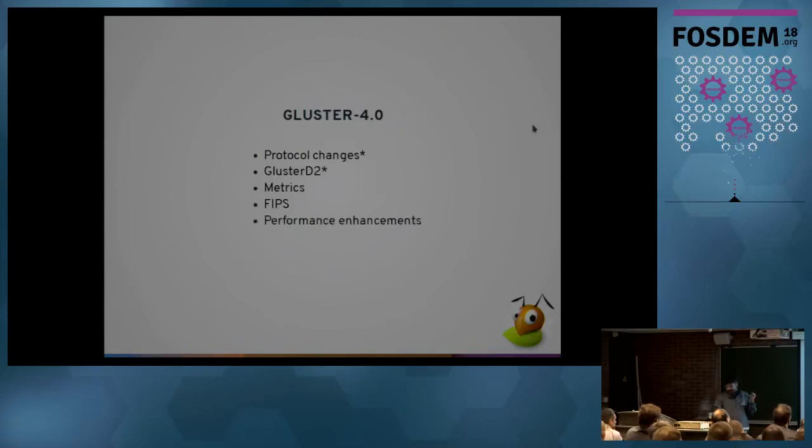There are a lot of performance enhancements, particularly with respect to directory operations, and a lot more performance enhancements in the queue. If people attended the talk we had yesterday in the performance track in the main tracks, we spoke a lot more about what we're doing with performance for Gluster.